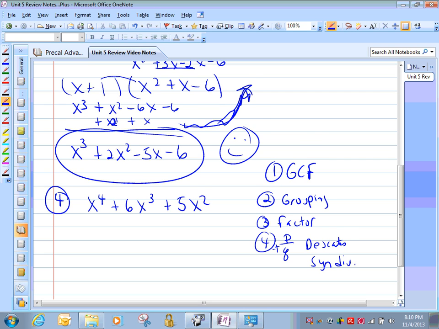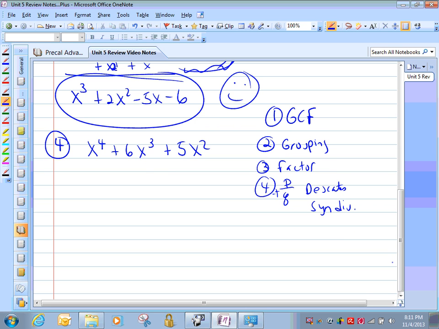All right, in this particular case, let's take a look. I believe we can GCF for sure. They all have an x squared, and that would leave us x squared plus 6x plus 5. And now we have a quadratic, which I believe we can factor. Keep our x squared. That is a factor.